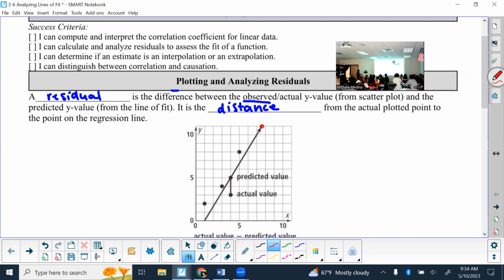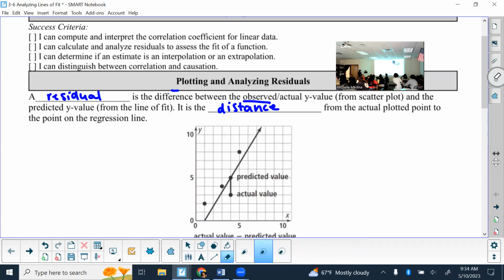All right, if it's the distance from the actual plotted point to where it hits on the regression line, then if it's on the regression line, that data point, then we should actually expect it to be 0 or close to 0. So the farther away it is, would you expect the residual to be larger or smaller? Larger.